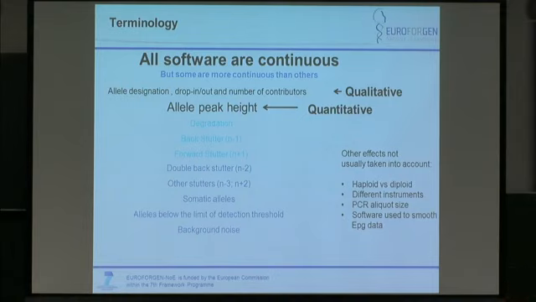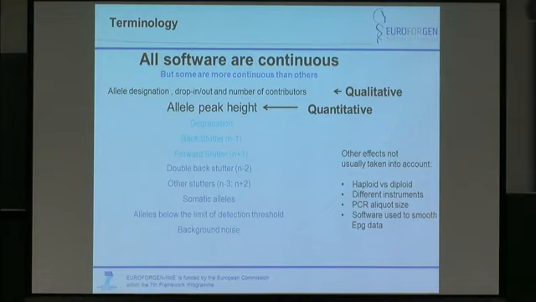The instrumentation that we use is not constant. There are differences between instruments, and that can have quite big effects on the peak heights that you observe that are instrument dependent. The PCR aliquot size, that is the size of the aliquot that you actually move into the PCR, has an effect.